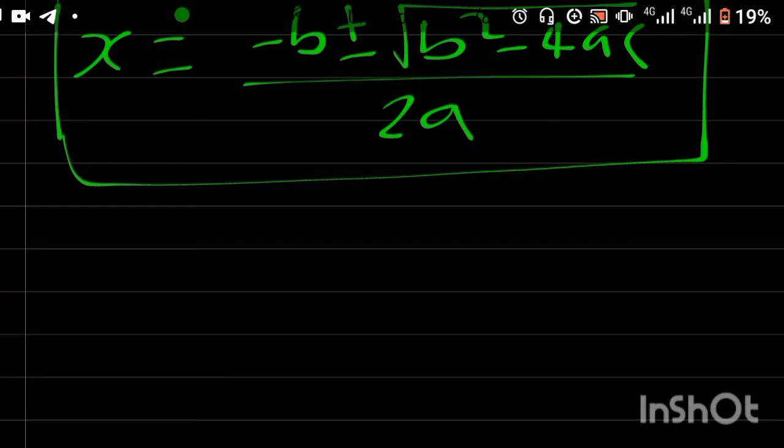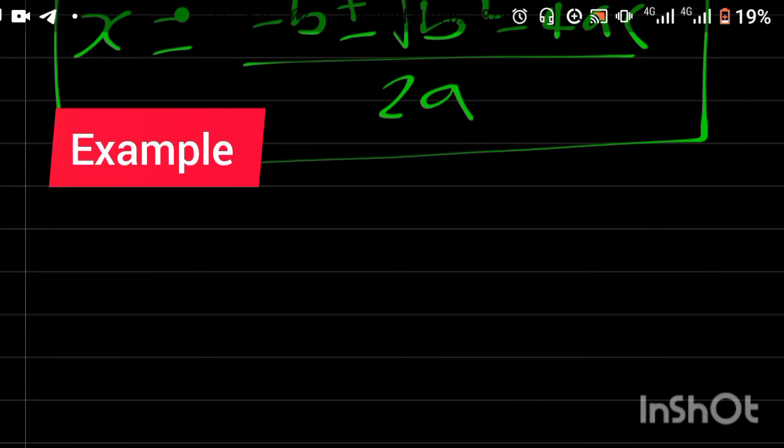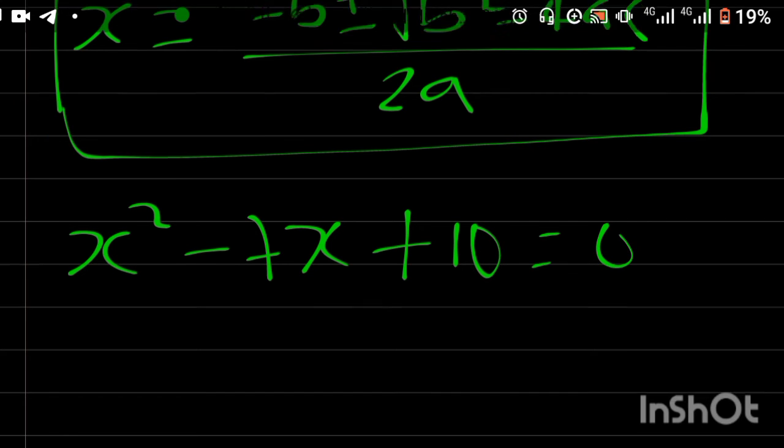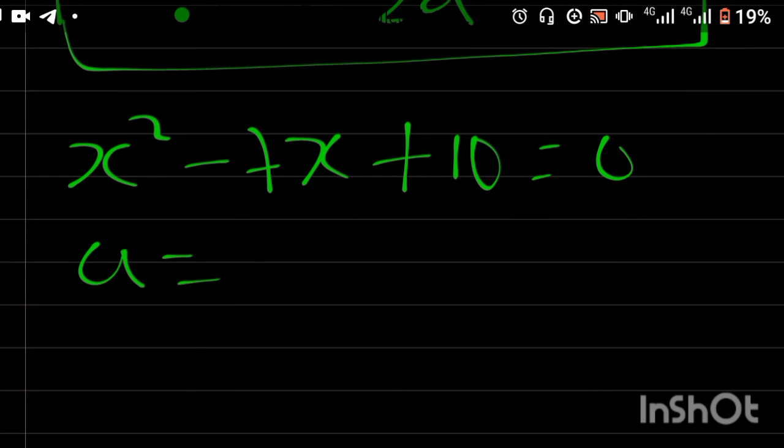Now let's take a question and use this quadratic formula to solve it. Take for instance, if I have x squared minus 7x plus 10 is equal to 0. In this expression, my a is equal to 1 and my b is equal to minus 7, while c is equal to 10.